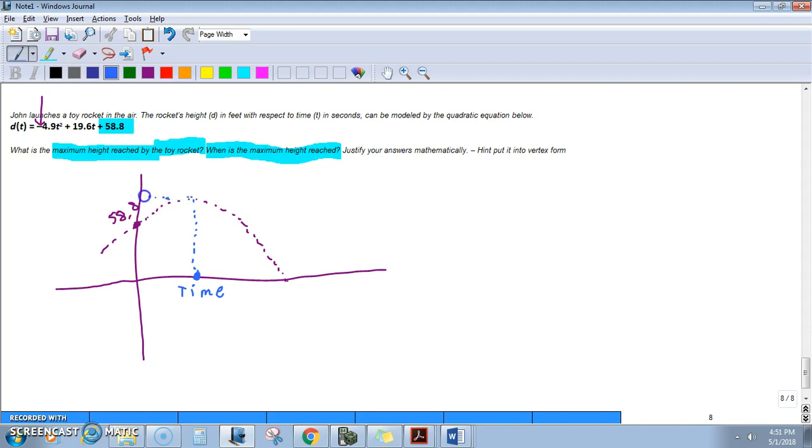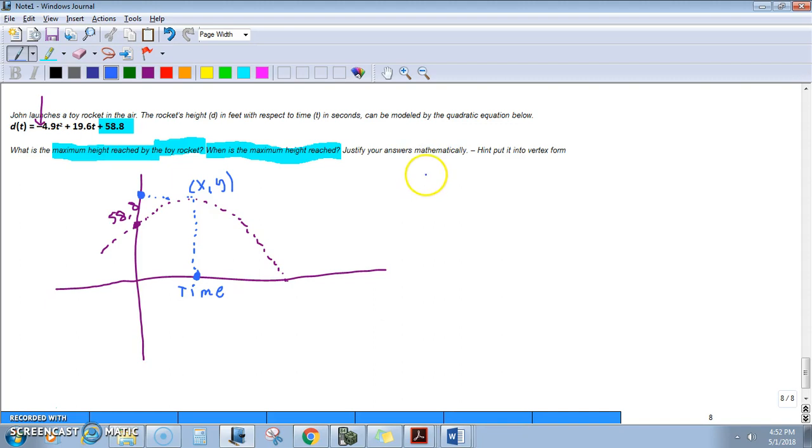And my y value at that point will be how high it goes. So x is time here, in the x-axis anyway, in the actual equation it's t, and y is how high it goes. So you guys, the easiest thing to do is going to be complete the square in order to put it into vertex form.